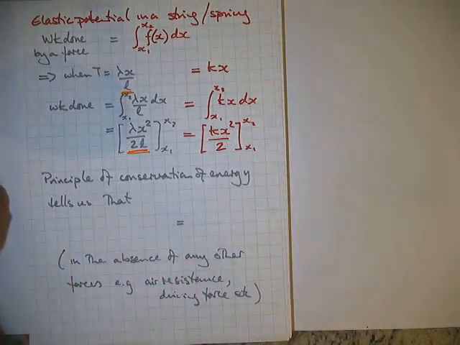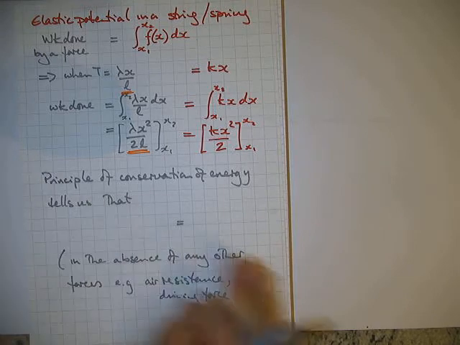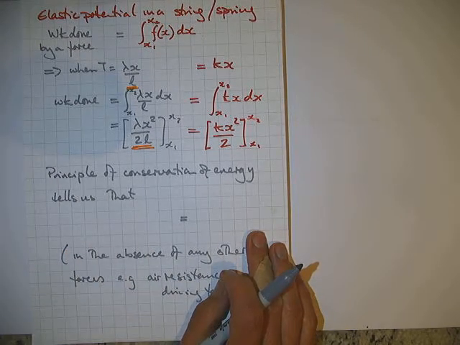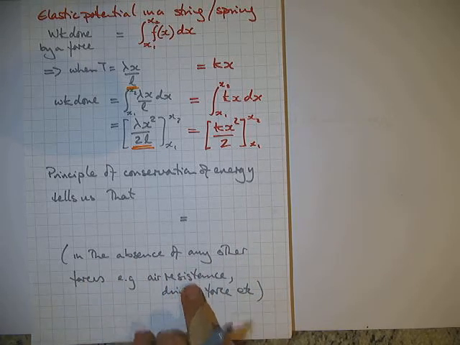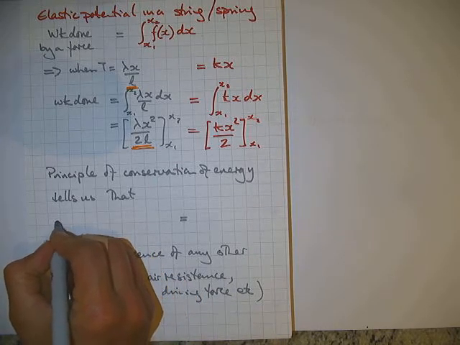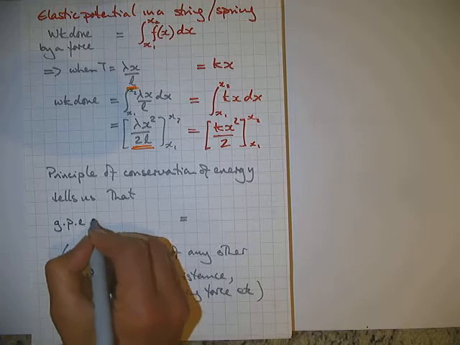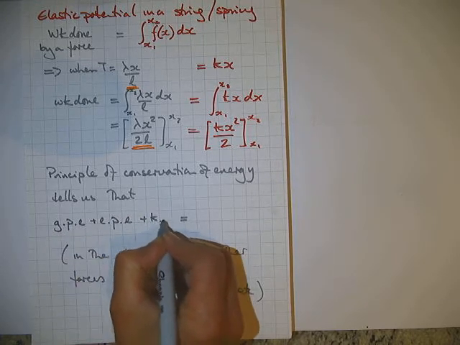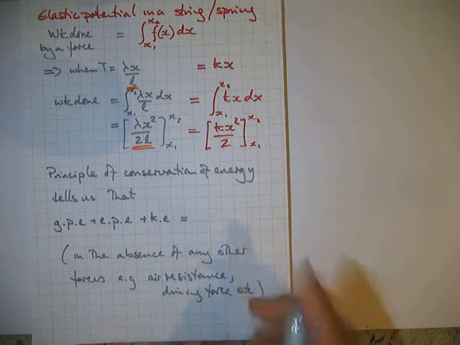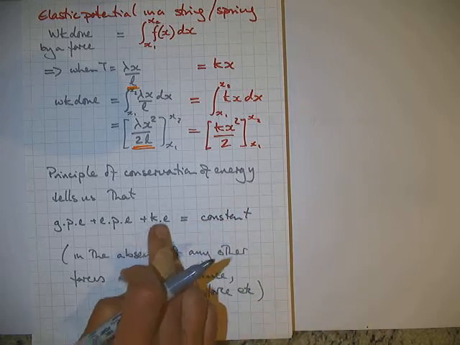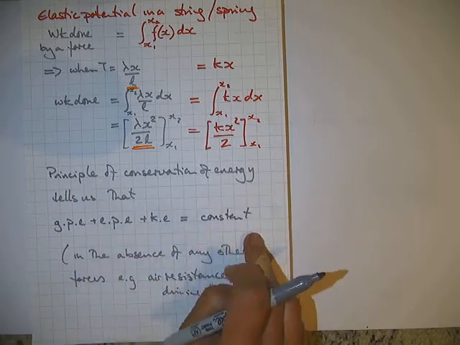The principle of conservation of energy will tell us that if you consider all the forces, inputs and outputs, work done, etc., everything balances. In the absence of resistances or driving forces, we're going to say that if you add the GPE to the EPE to the KE, for any particular piece of motion, that's going to remain a constant, which means if you know the initial total energy, you can work out the energy at any other time.